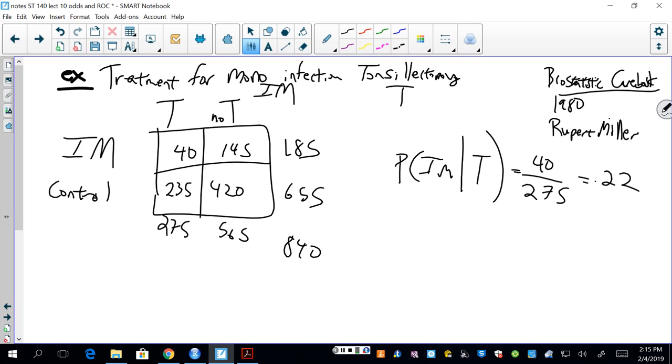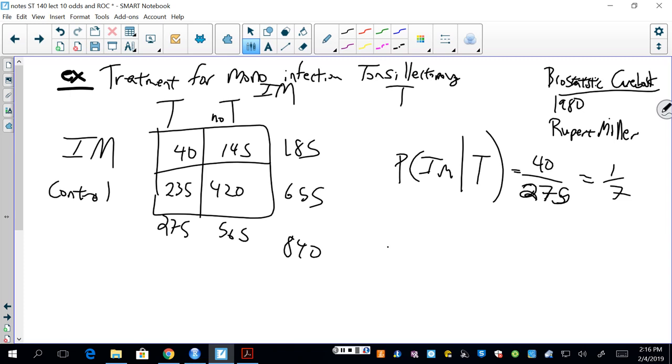0.22. What's the probability of, what else do I do? Tonsillectomy. No, that's not right. My numbers, that's not right. I calculated something else. But that's what you would calculate. It's about 1 in 7.